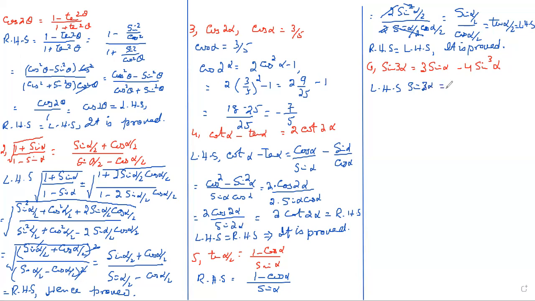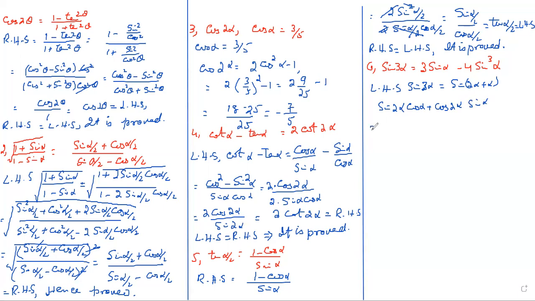So sine 3 alpha may be written as sine of 2 alpha plus alpha. Using this formula, we have sine 2 alpha cosine alpha plus cosine 2 alpha sine alpha. Now using the formulas, okay?